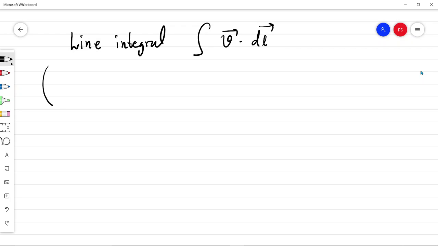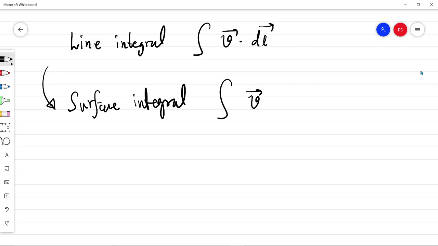On a similar basis, now we can define a surface integral as integral v bar. Of course, the line integral was defined on a specific path. Similarly, this is to be defined on a specific surface S.